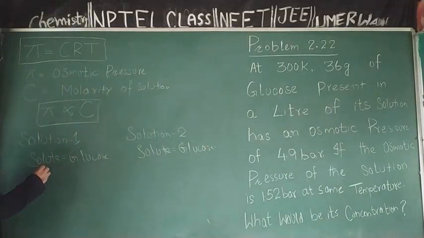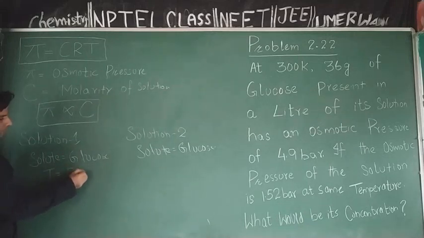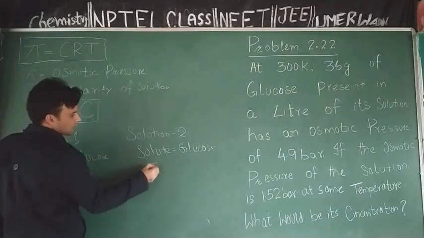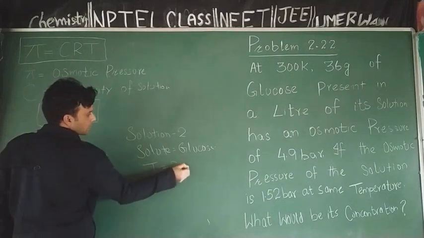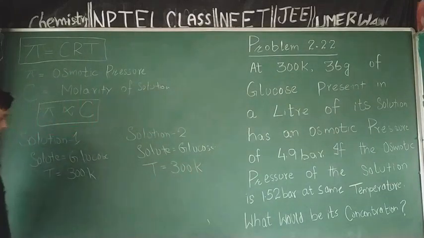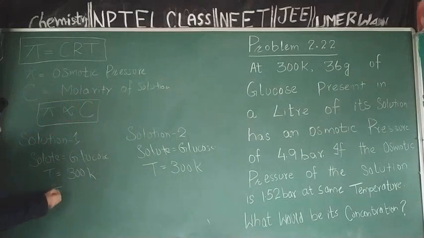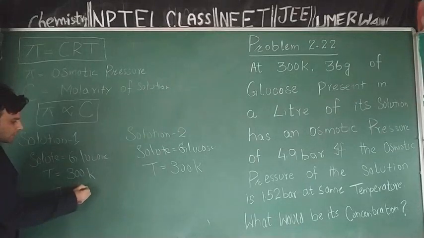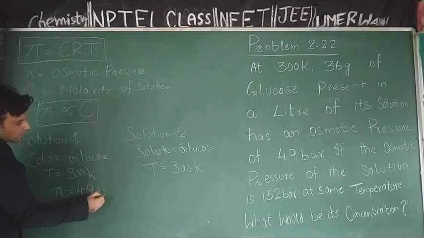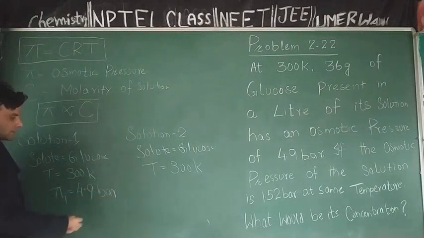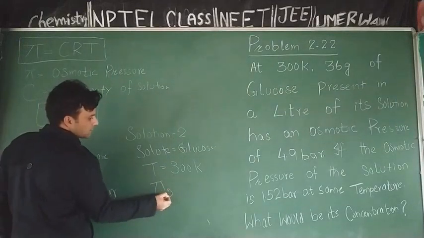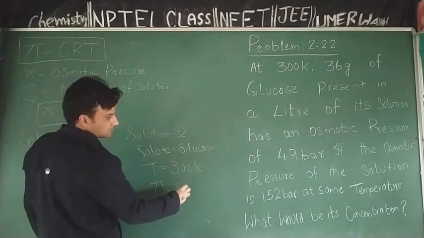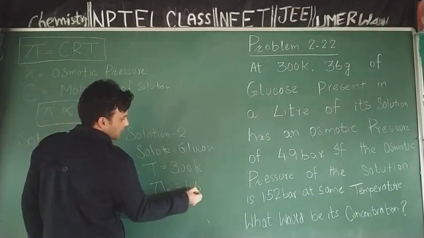Now these are at same temperature, at temperature 300 Kelvin. Osmotic pressure here, pi 1, is 4.9 bar. And here osmotic pressure, pi 2, is 1.52 bar.